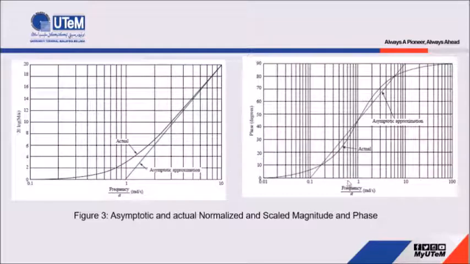Also the same for the phase plot. The blue one refers to the asymptotic approximation, and the black one refers to the result based on simulation. There is a difference at the cutoff frequency, where the phase starts not at 0 degrees but at around 7 degrees, and ends at around 83 degrees.